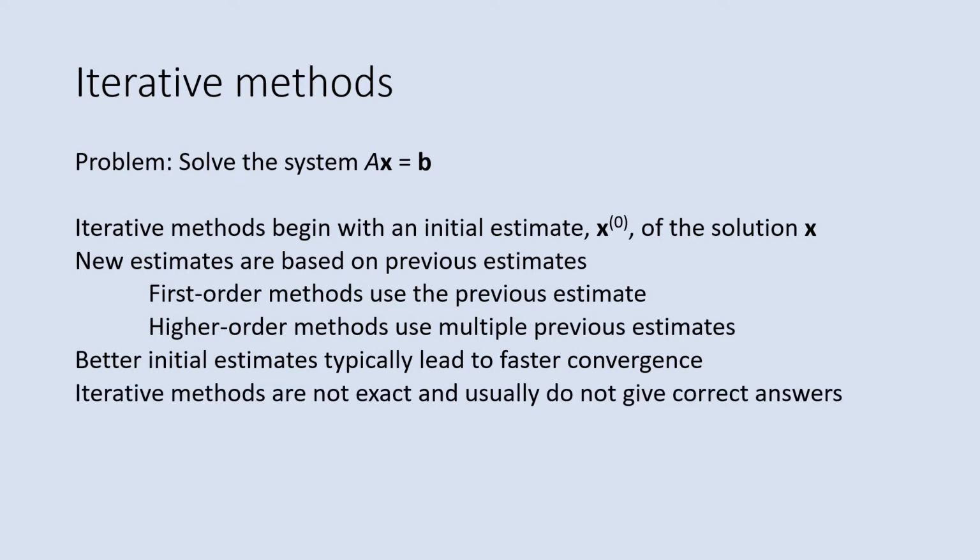The iterative methods are definitely not exact because there will be rounding, there will be some approximation going on, and they usually don't give spot on correct answers. And in some cases, they're not even able to get very close to real answers, depending on the structure of the problem, depending on some other scenarios.